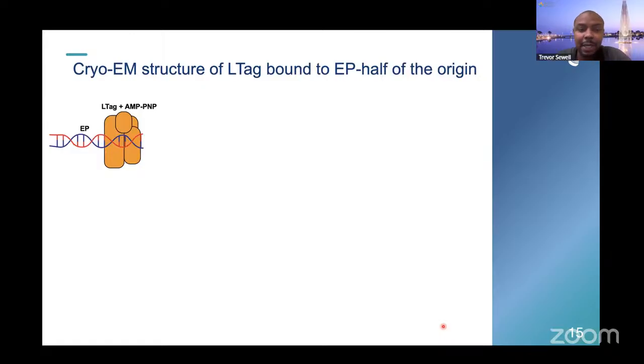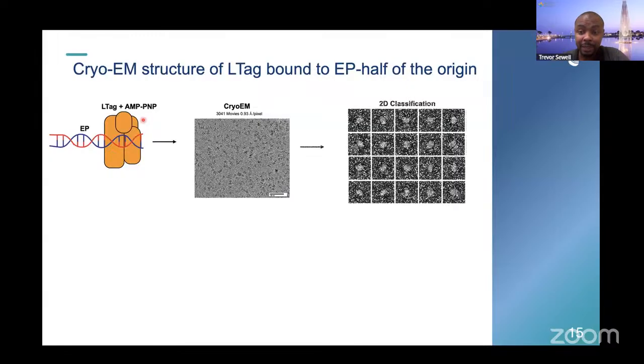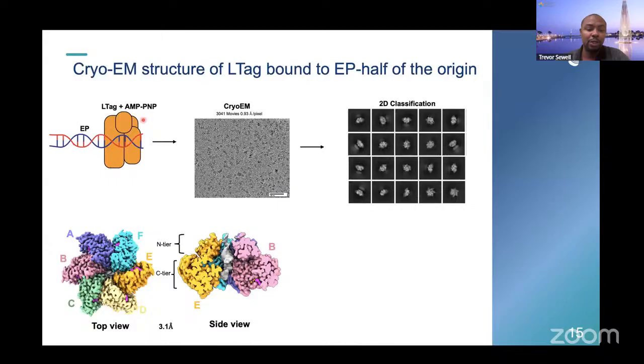the first half, the EP half from the left. We assembled a single hexamer on the EP half, and then we trapped it again with a non-hydrolyzable ATP analog. We acquired some cryo-EM movies and classified, and then we could reconstruct a higher resolution EM map at 3.1 Angstrom.